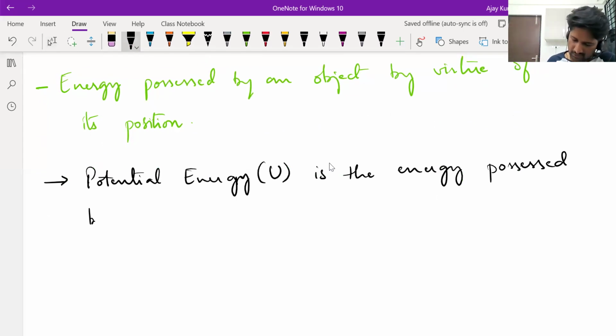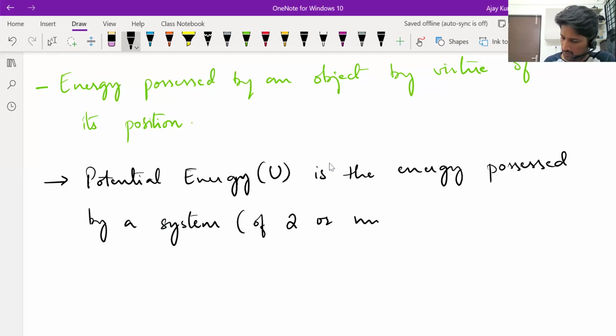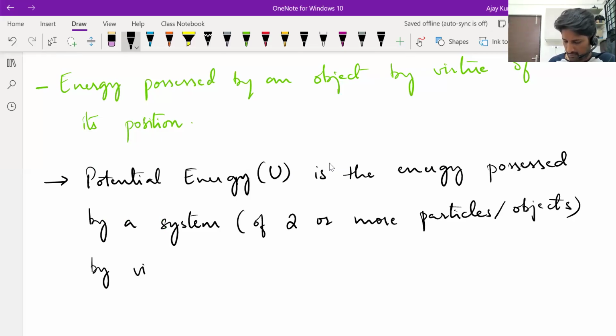It's the energy possessed by a system of two or more particles or objects by virtue of its, means the system's, arrangement in space.